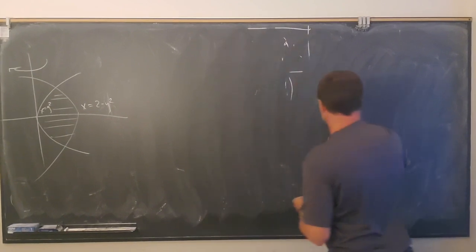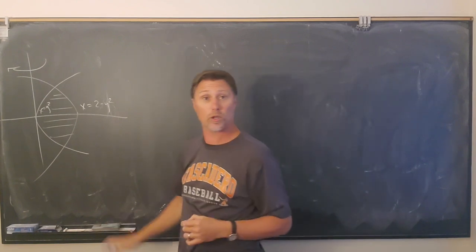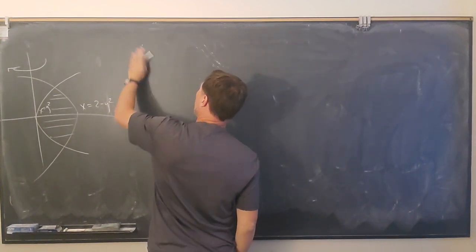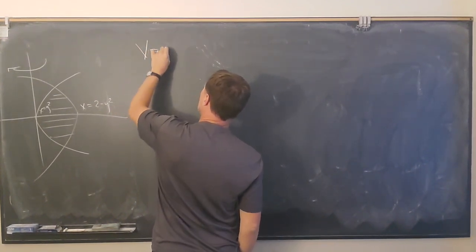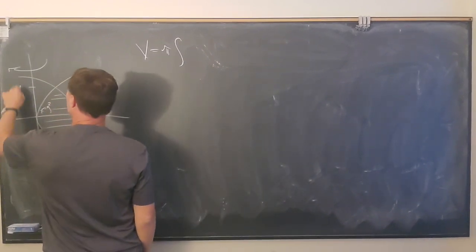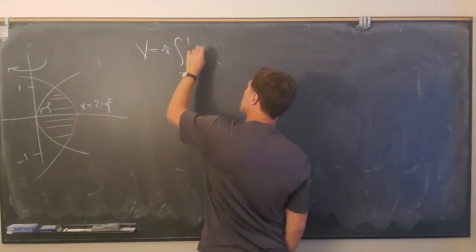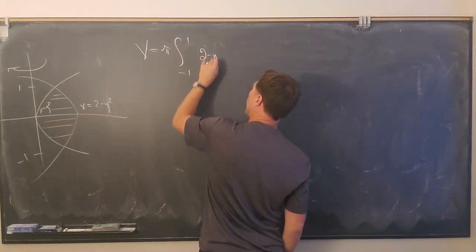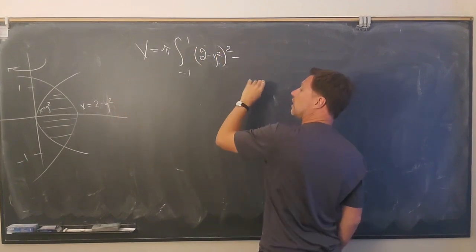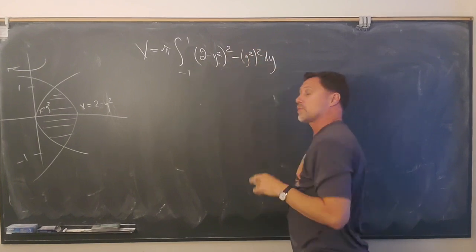The only thing we need to do is make sure that we're clear which curve gives us the outer solid and which curve gives us the inner solid. So the volume is going to be pi times the integral. You can check that these intersection points are plus or minus 1. So we'll go from minus 1 to positive 1. Outer solid, square that graph, minus the inner solid, integrate with respect to y.